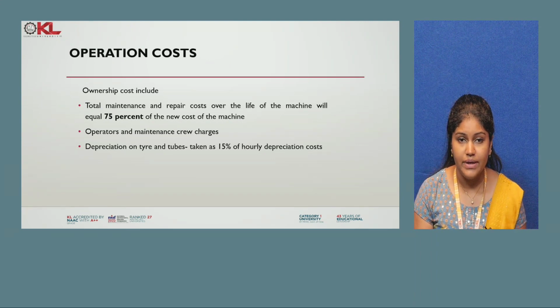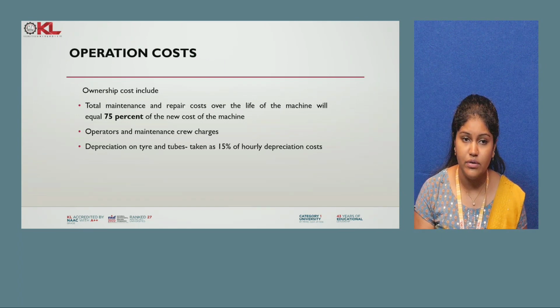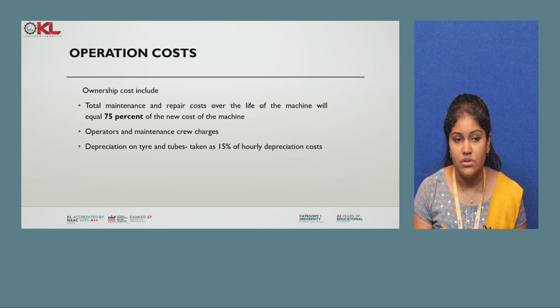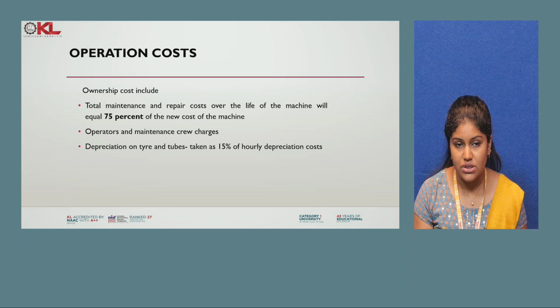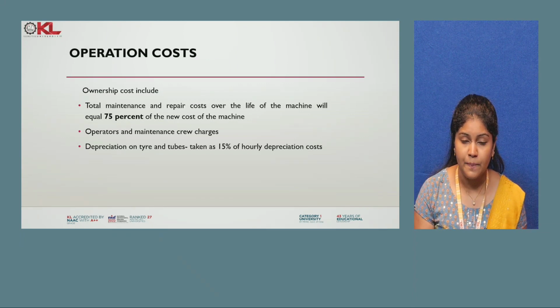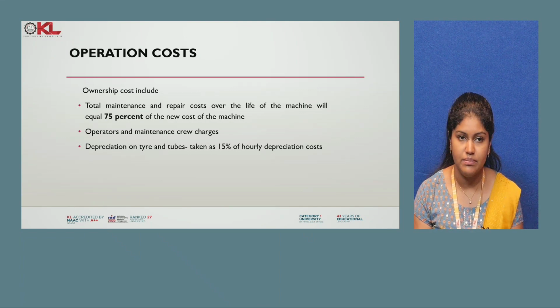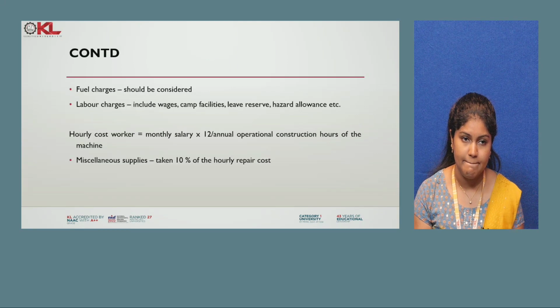Operators and maintenance crew charges will be there in that case. Depreciation on tires and tubes will be taken as 15% of hourly depreciation cost. So this is what the operation cost means.